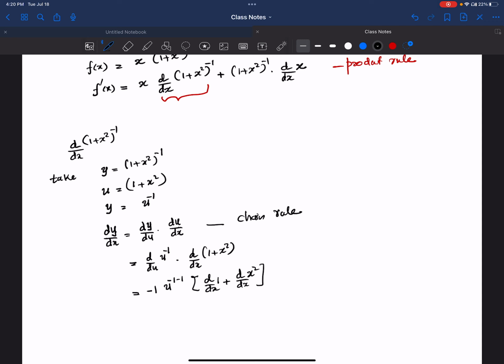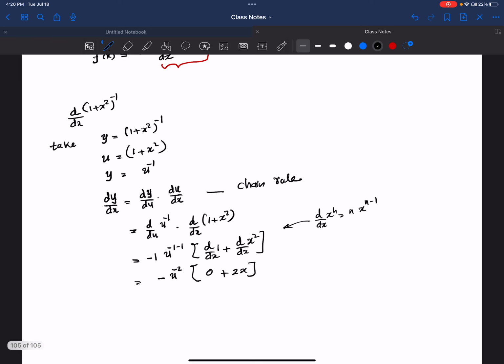Here we can use d over dx of x to the n equals n times x to the n minus 1, the same thing that I have used here. So it's minus 1 times u to the power negative 2. The first term is 0, it's a constant, plus 2 times x. So you have negative 2x divided by u squared, okay?